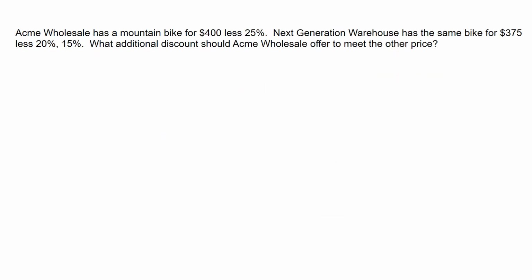Let's consider another example. Acme Wholesaler has a mountain bike of $400 less 25%. So that is the discount rate. Next Generation Warehouse has the same bike for $375 with discounts 20% and 15%. What additional discount should Acme Wholesaler offer to meet the other price? We'll calculate the net price of Acme Wholesaler, and on the other side for Next Generation.